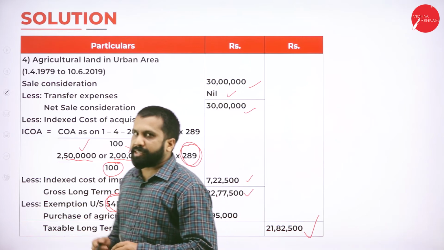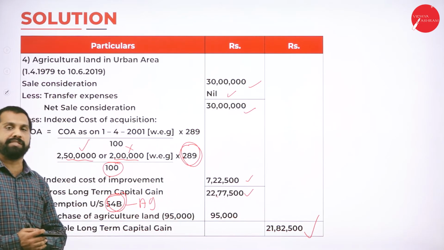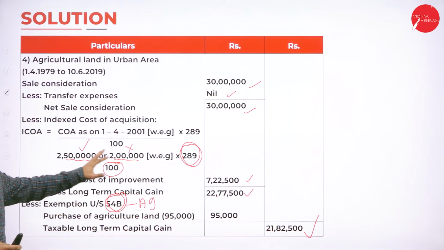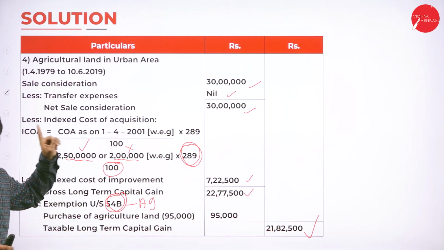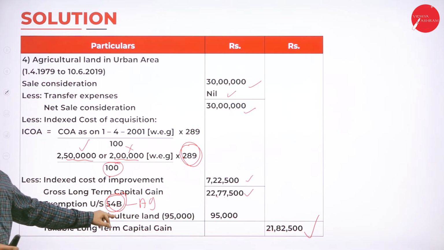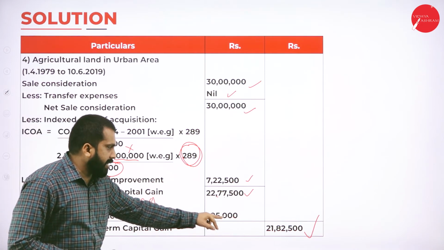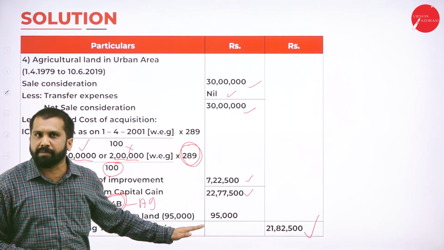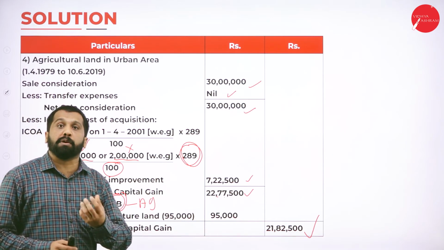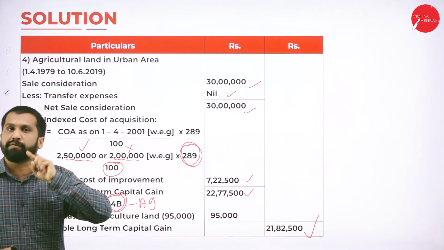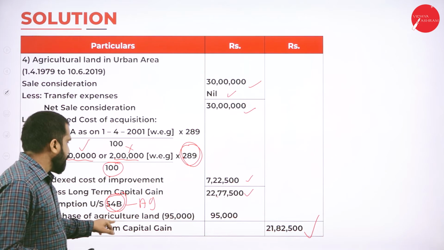See, that is the reason I explained the theory for 2 sessions. All the theory applies here. There I explained what 54B is. That's why it is easy to understand whether we should consider it or not. Clear? Yes. If it is a house property, then it is 54. Agriculture, 54B.